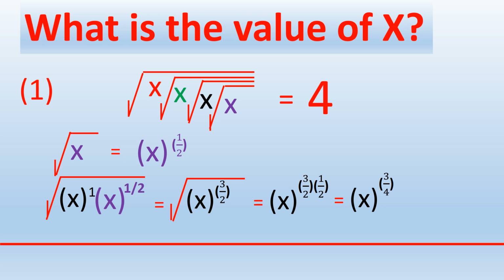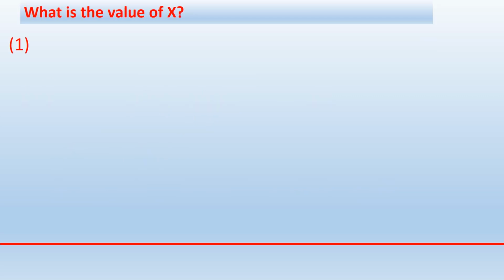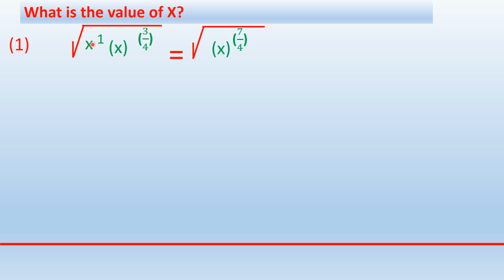So if we chuck this back into our equation, remembering that this is the black part, it goes into the green color. So now we take out the green color: x to the power of 3 over 4 times x to the power of 1. This will be equal to x to the power of 7 over 4.